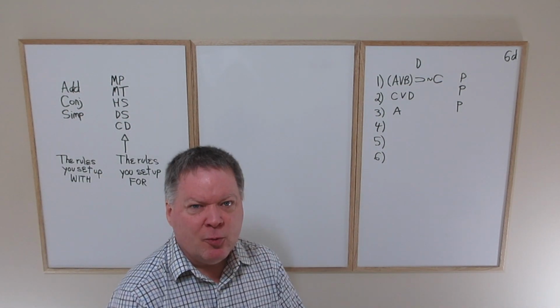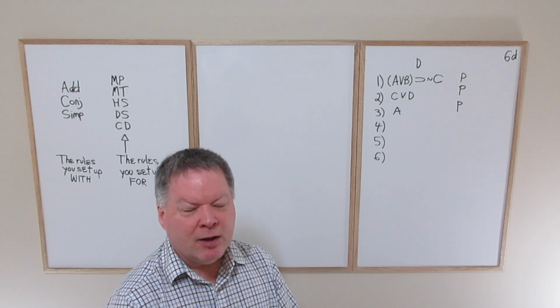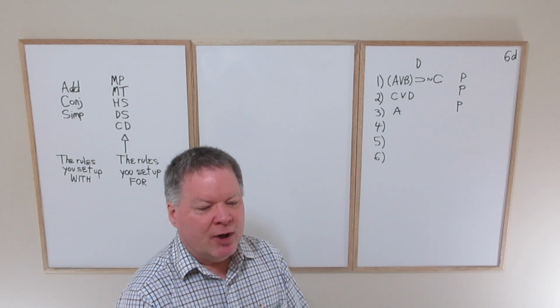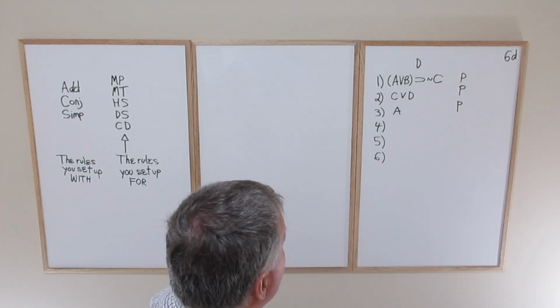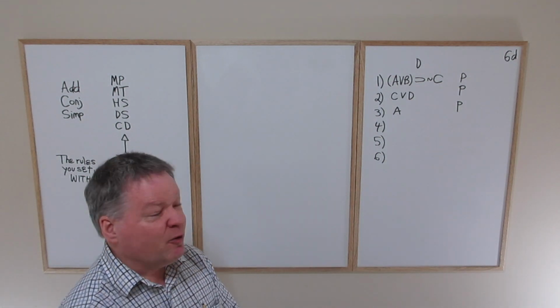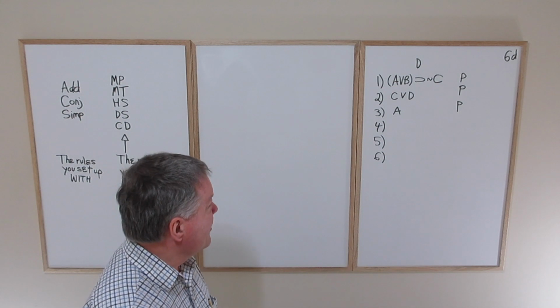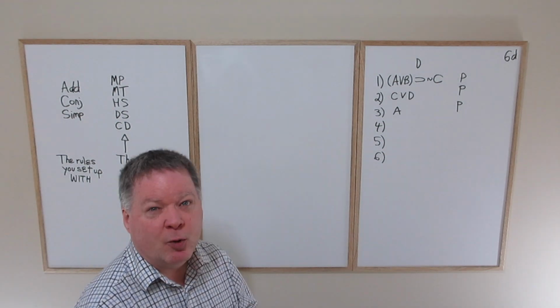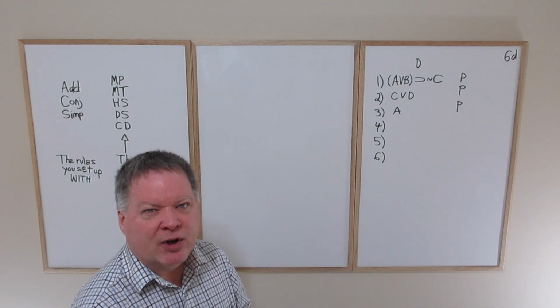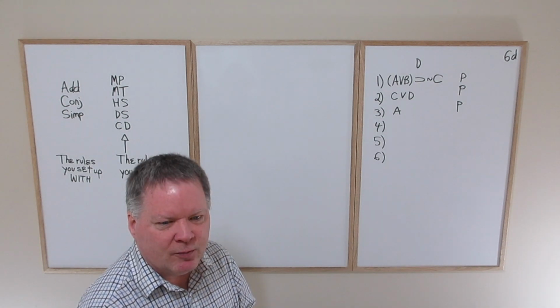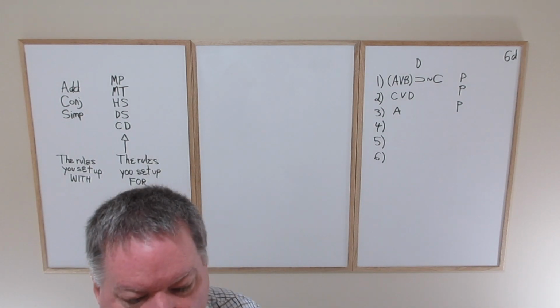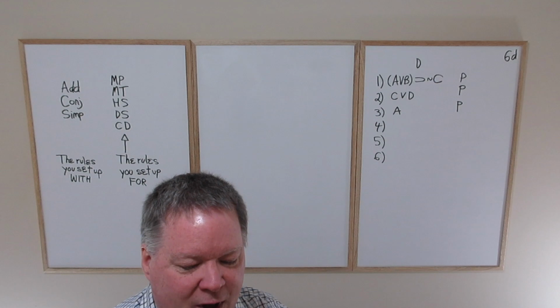So, I'm assuming everyone has done the exercise questions in assignment 5. You're now familiar somewhat, both from a theoretical and a practical point of view, with how to construct proofs. Now we're going to move on to assignment 6.